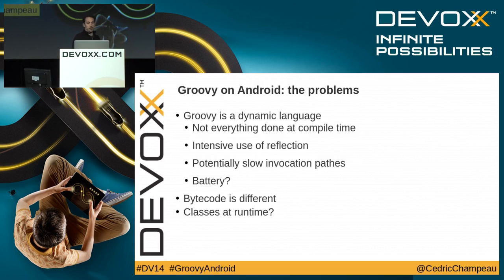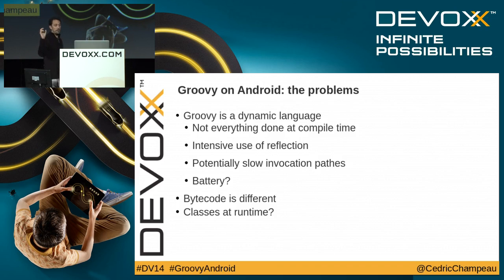To do that, Groovy uses reflection. It has some caches. So yes, it causes some problems. And on a mobile device, a watch or this one, the problem is that the more you do, the less battery you have. And on mobile devices, this is a problem. Last problem is that bytecode is different.